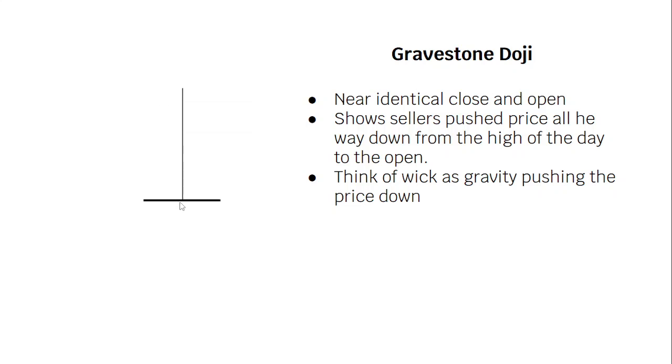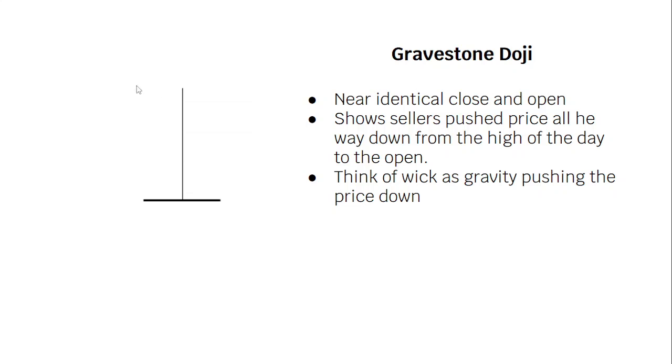If you're in a stock and price is all the way up here before the market closes, it's a bullish Marubozu, and you're thinking, oh yeah, I'm about to be rich. Price is definitely going to go higher.